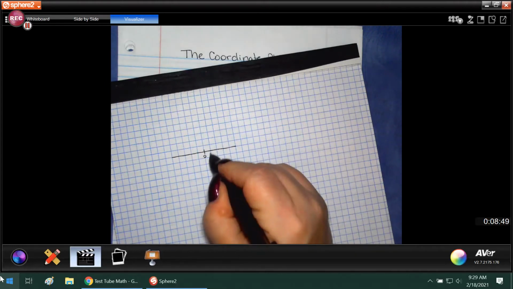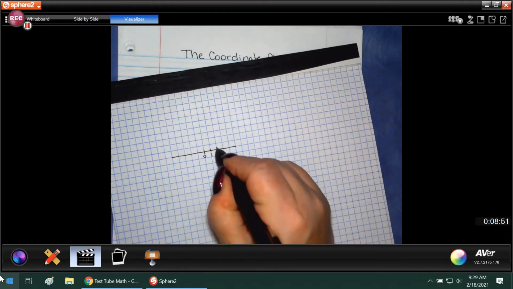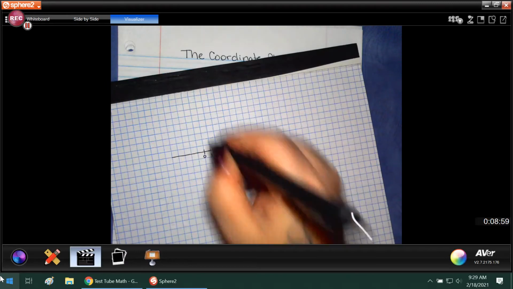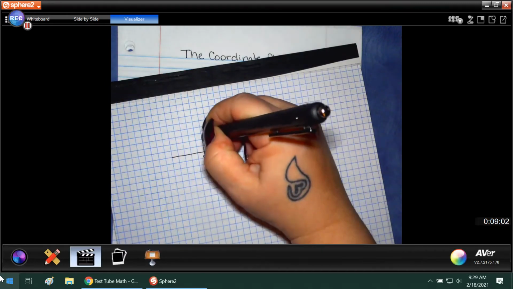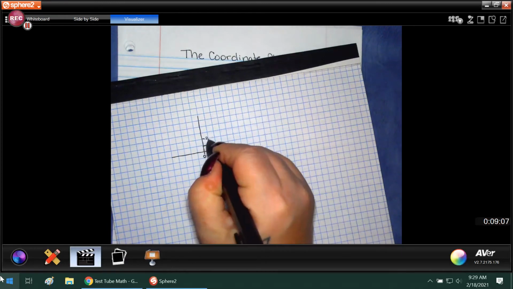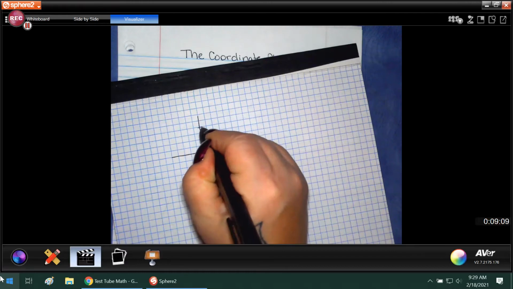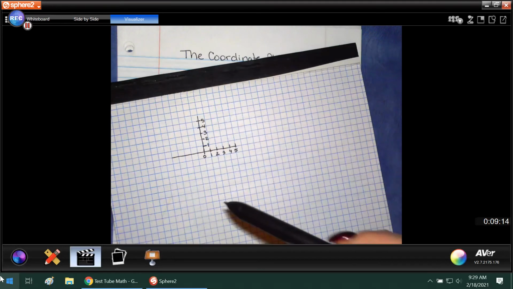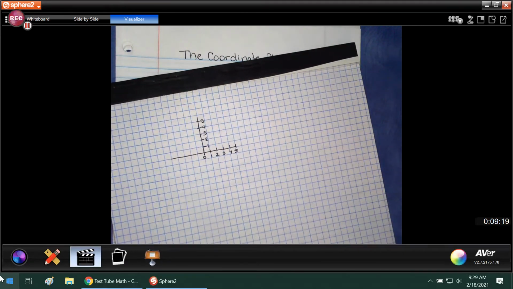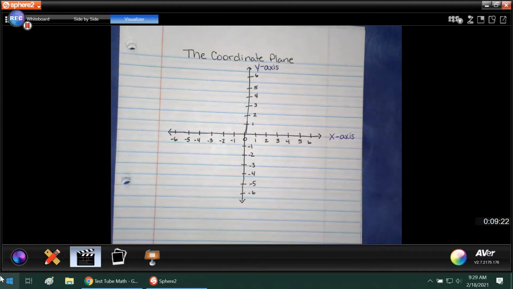And then each line, I would make a number. And then the same thing going up. If I was to go up, each line would be a number. All right, and notice it's a little harder to write on graph paper because it's so small. So for our first coordinate plane, I wanted to have more room, so we're doing it in our notebook, okay?